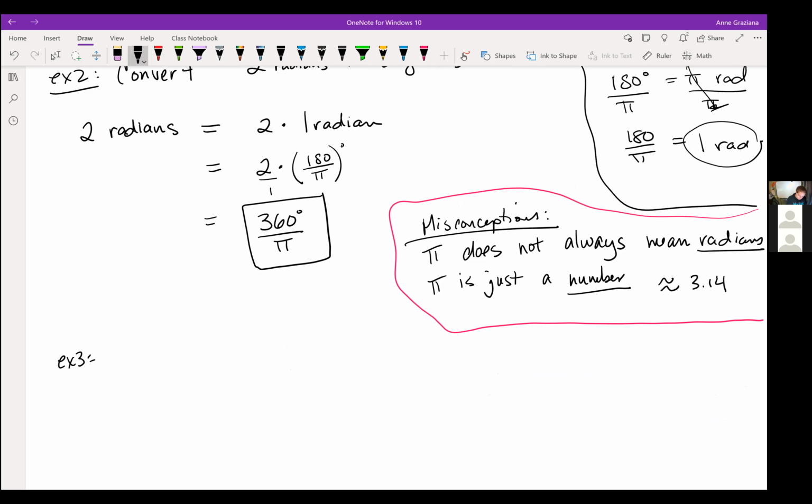Example 3. I'm going to pick one from a final exam. This is a final exam type question. Let's convert. Oh, here's a couple of good ones. Convert, A, negative 30 pi degrees to radians.